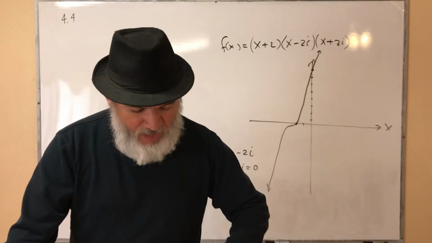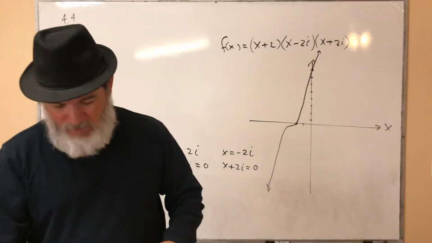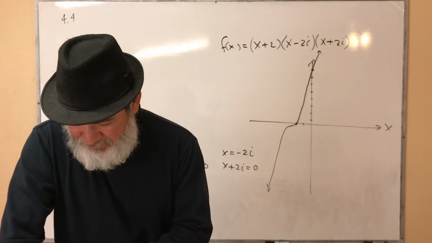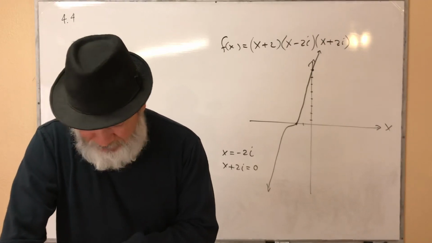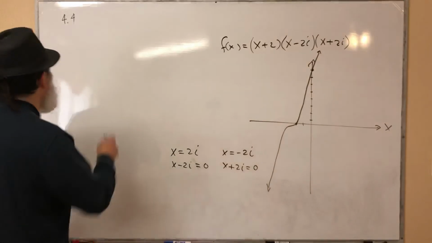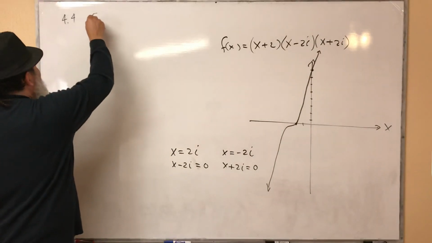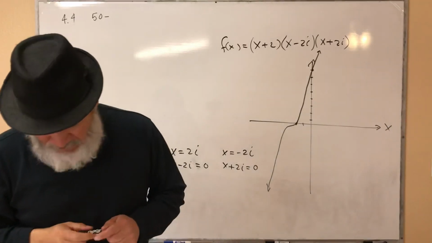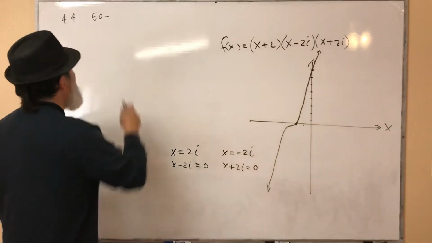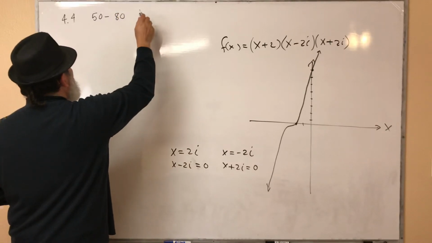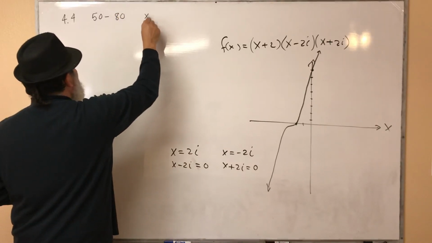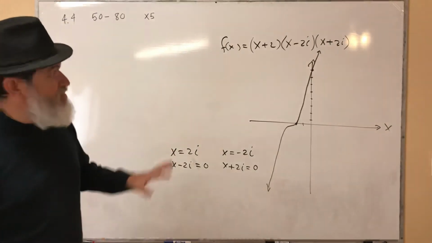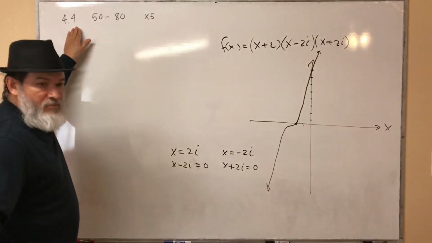This is for your own benefit. Obviously I can't collect it now. But try, for example, 4.4, problems 50 through 80, multiples of 5. So this is additional homework from section 4.4.